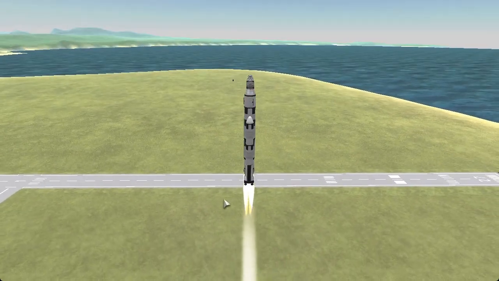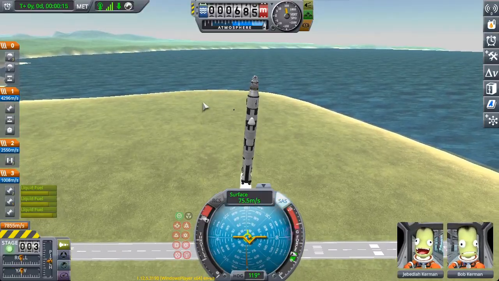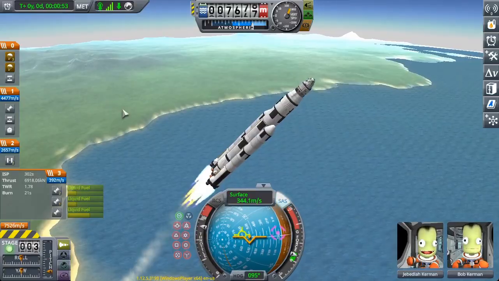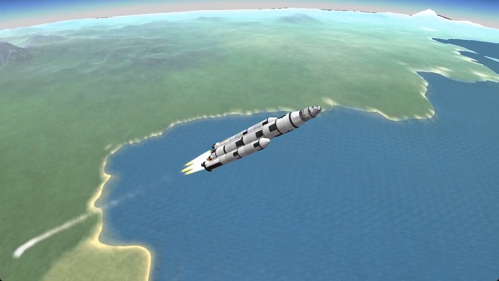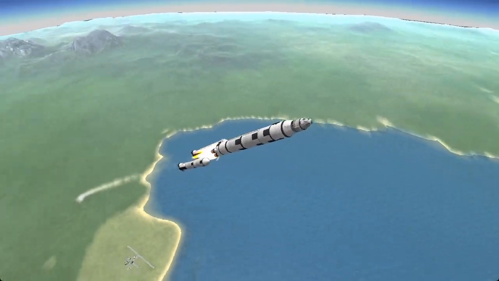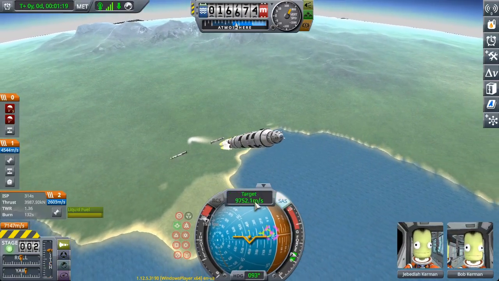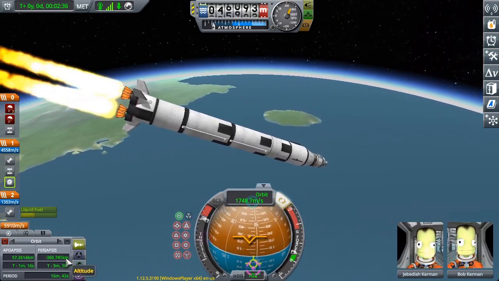Alright. Right, so now, just gonna start our gravity turn. Okay, our thrust weight ratio is kind of big. Here you go. Ooh, amazing separation. Alright, so now I just need to make sure that the periapsis is going up as well.